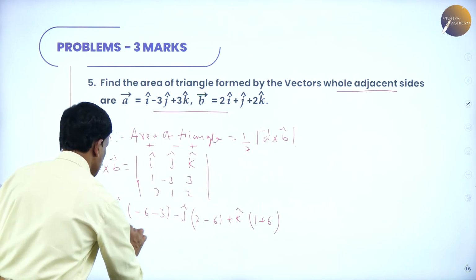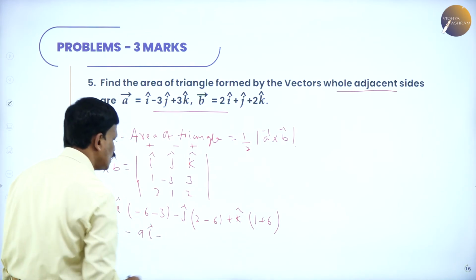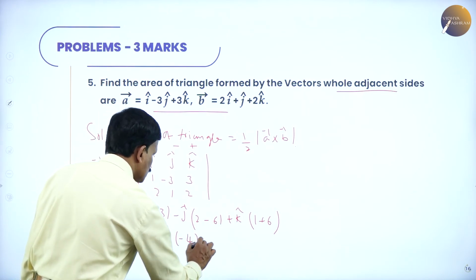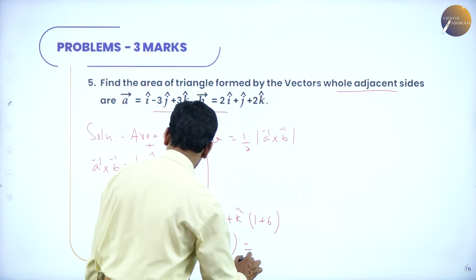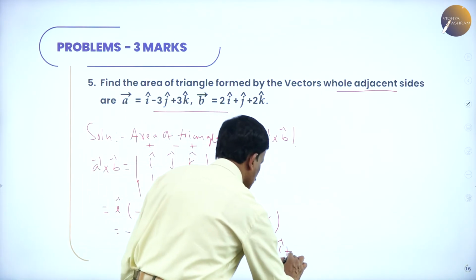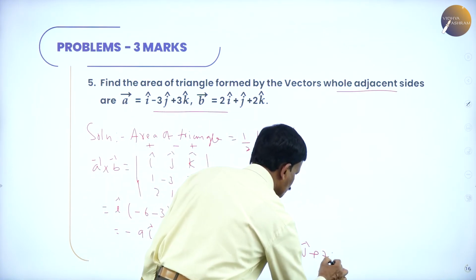So this is minus 3 minus 6 is minus 9i, again minus j into 2 minus 6 is minus 4, plus k into 7. So this can be written as minus 9i plus 4j plus 7k.